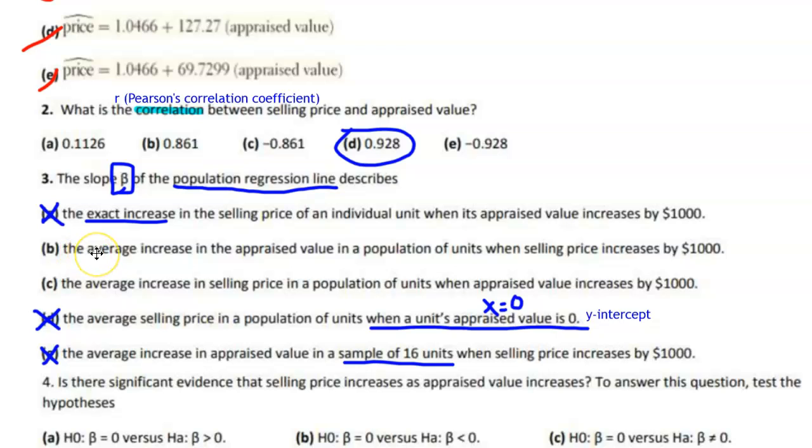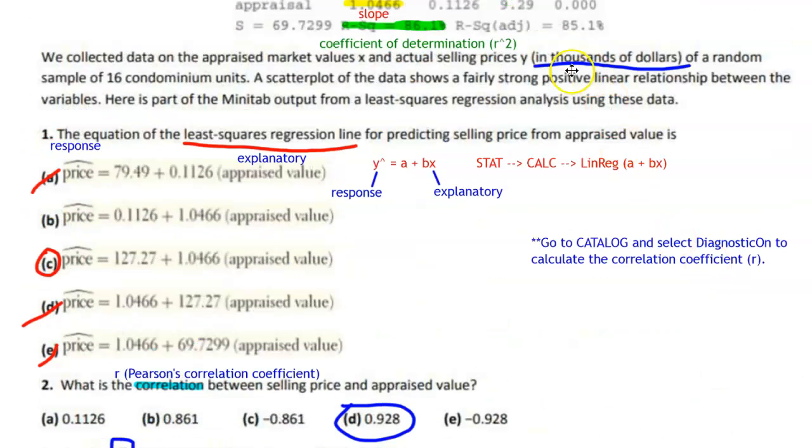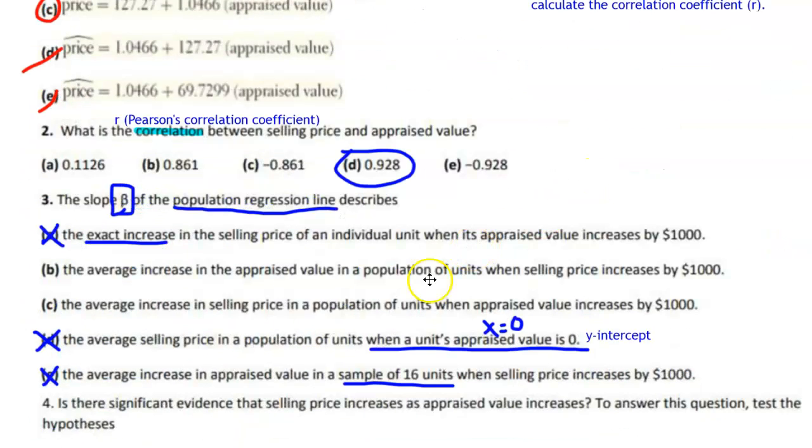And remember, slope's definition in a population regression line is the average increase or change in Y based on a change in X. So we're looking for the correct answer, which is talking about change in Y when X changes by a certain amount. This 1,000 is usually 1 in problems like this. The only reason we have 1,000 here is because the X value goes by thousands of dollars. So we're trying to figure out which one says change in Y when X changes. In this case, price is our Y value and appraised value is our X value.